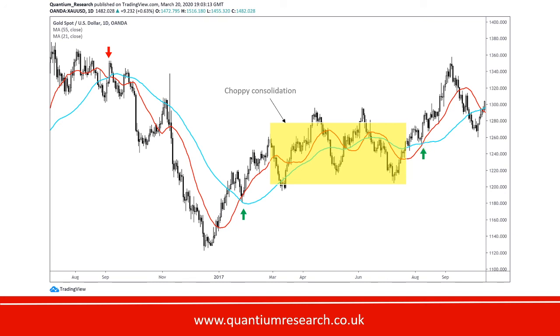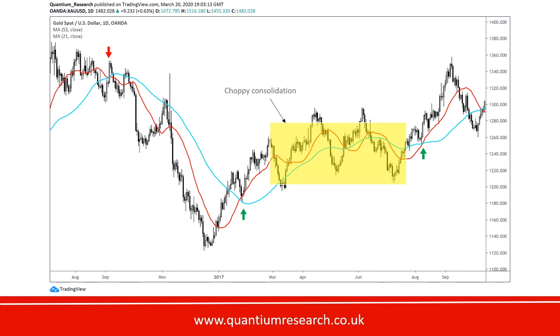We've used some interesting numbers, I believe, both Fibonacci numbers, 21 and 55. That final green arrow we've mentioned again shows this point where, once again, you would go long. A bullish signal has been made, and that signal is strong enough to catapult price higher and break out of that consolidation once and for all.